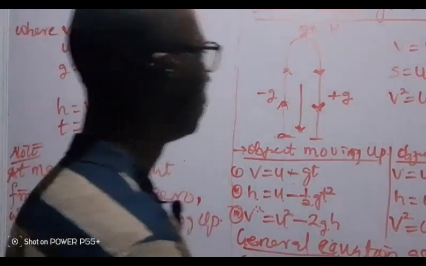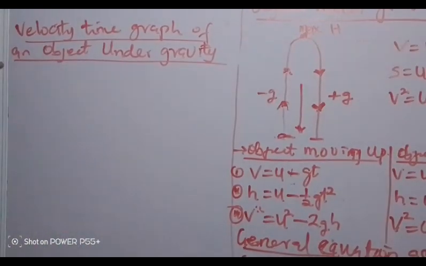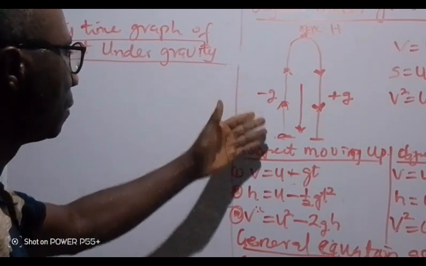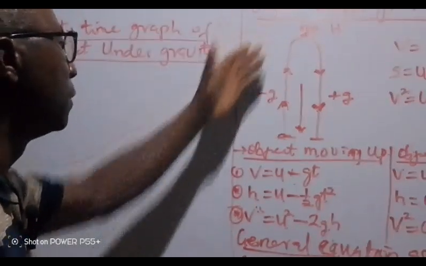Now, let's look at the velocity time graph of an object under gravity. This one is just the combination of what we've done the other time. Don't forget, we've done vertical motion. When an object is moving up, we've drawn the velocity time graph.